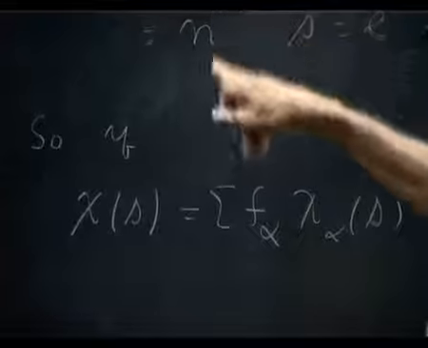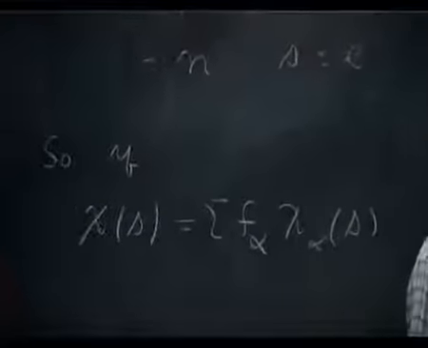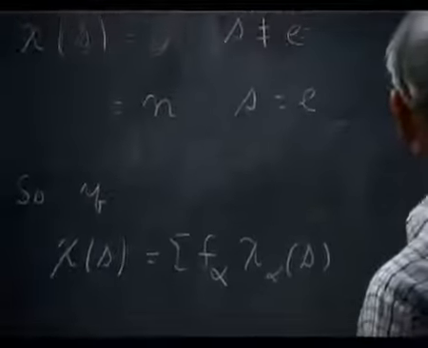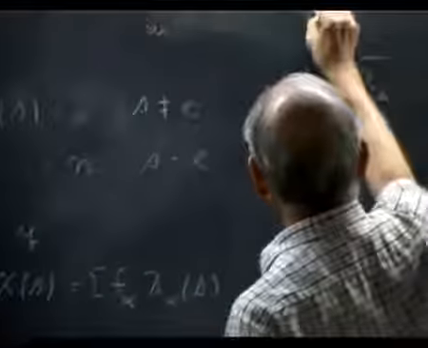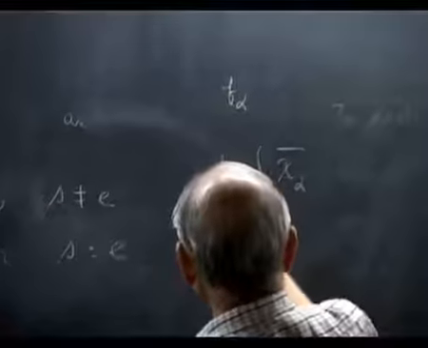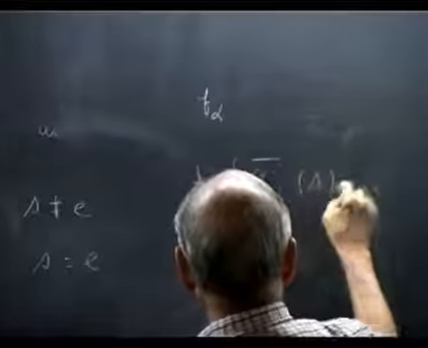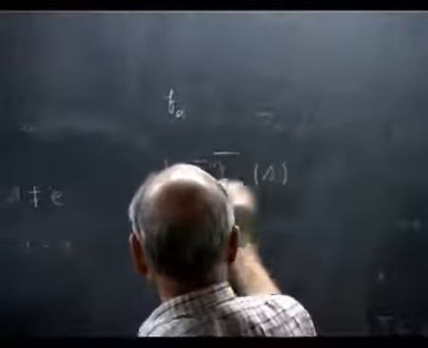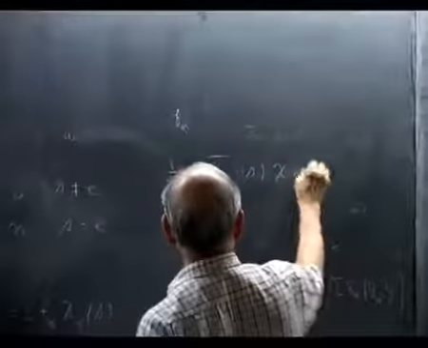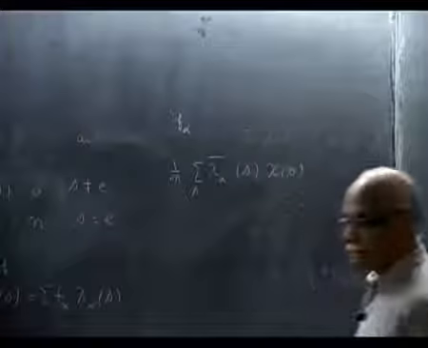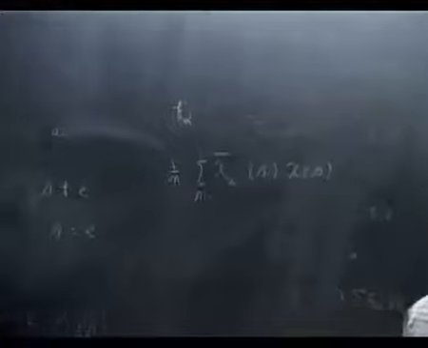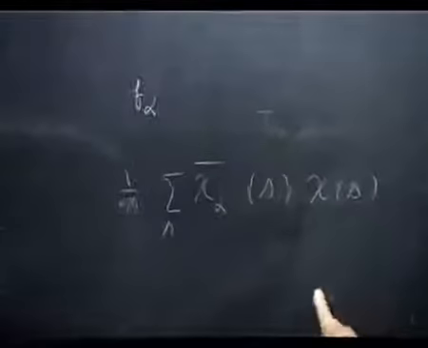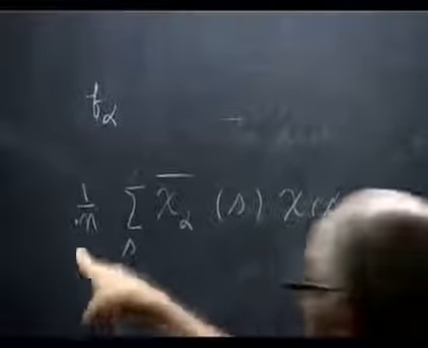I multiply by chi alpha bar and 1 over n. So f alpha is 1 over n, the summation over S of chi alpha bar of S times chi of S. This is orthogonality, but this is the normalization.